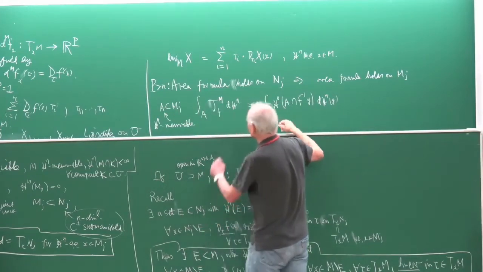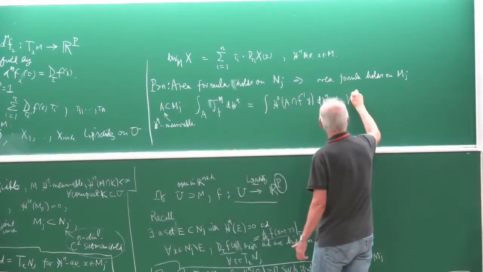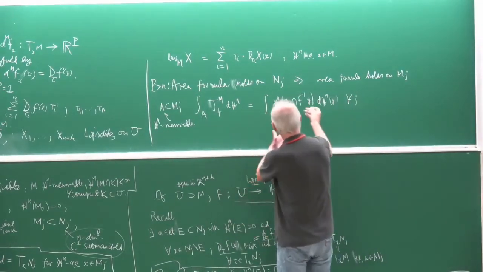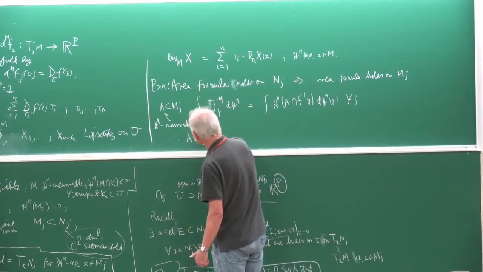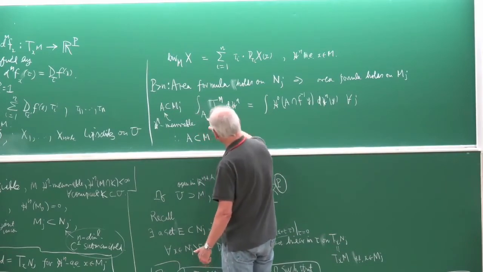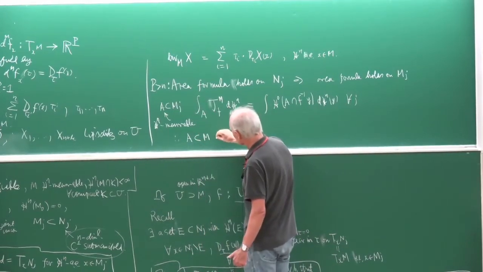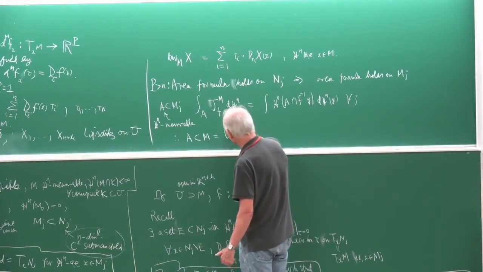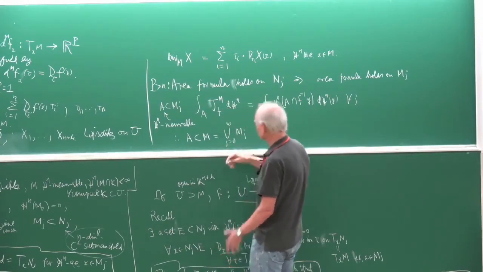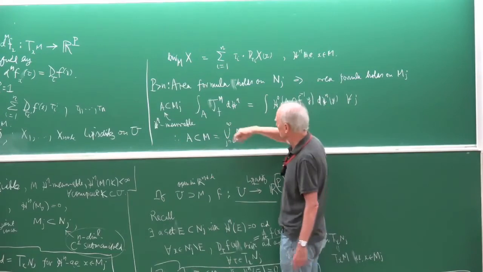And that's for every j. But you see, this is a finite union, so now we just take a sum. If you take A contained in M, then you simply apply this to each piece. Remember, M is the disjoint union, j equals 0 to infinity, of M_j.